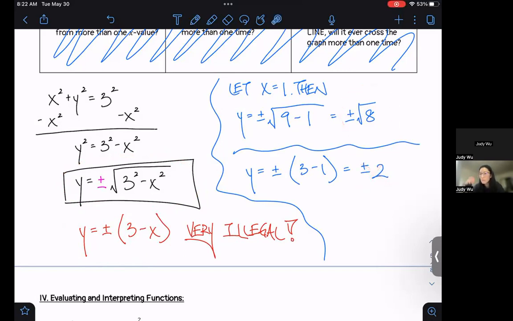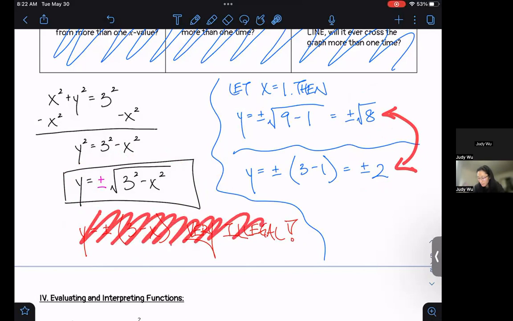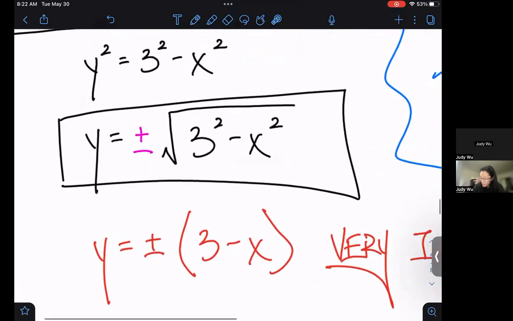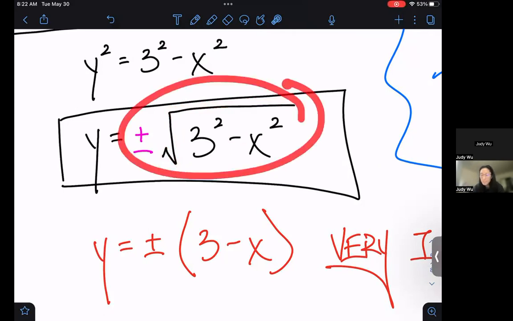So just by plugging in numbers, we can see these two are not the same, which makes this very illegal option not an option. I need us to be really careful about that as we move through the summer. When we have a square root of something and it's like a plus or a minus in between here, we can't just take the square root of both sides like that. We have to leave it inside the square root.